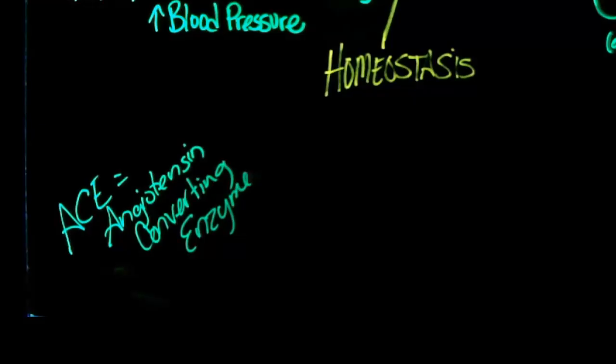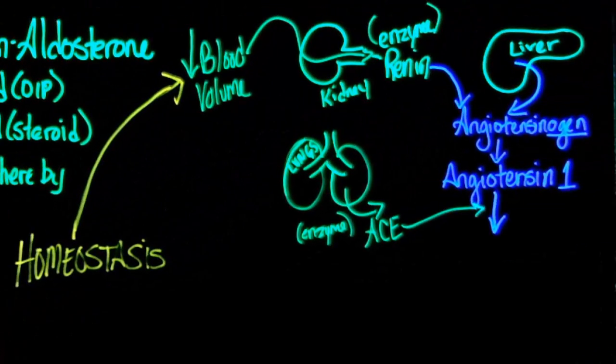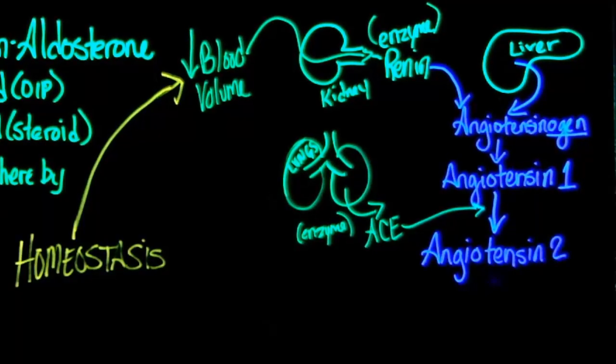So I think this system is really neat because it involves two enzymes. And ACE is going to act on angiotensin 1 and convert it into angiotensin 2. And this is the active form of the hormone.